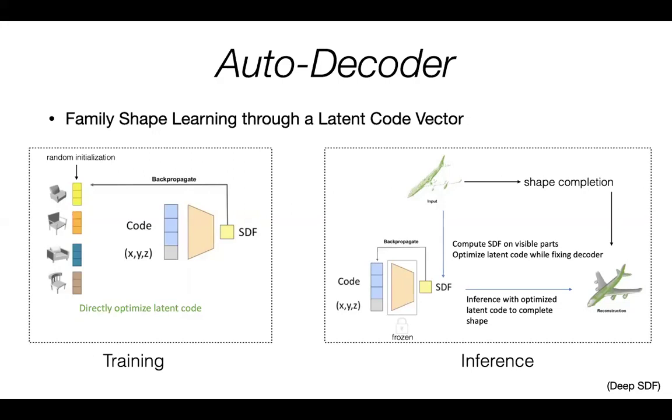It's just random. And then as you train, you optimize the shape, but also you optimize the code using backpropagation. Basically, when you train and do backpropagation, you backpropagate the gradients to the latent codes. And in the end, you have the trained shape and the trained code.